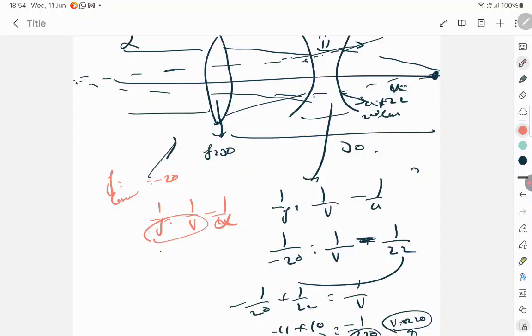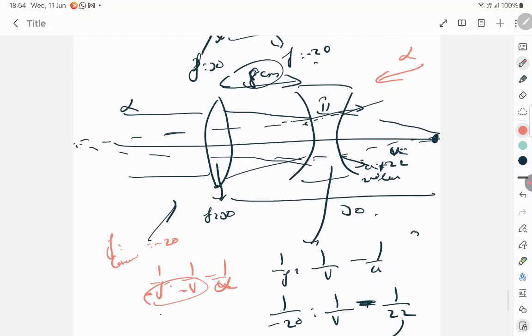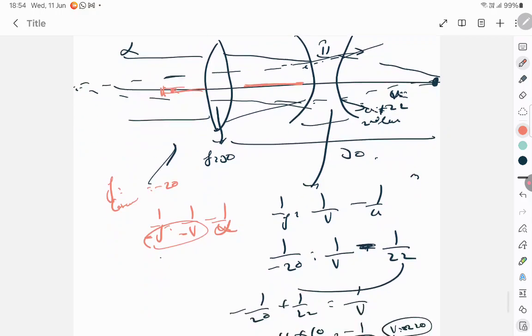So v will be equal to f, and f is negative, so v is also negative, which shows that your first image is going to be obtained on the left side, somewhere here, at minus 20. That will be your image from this lens.